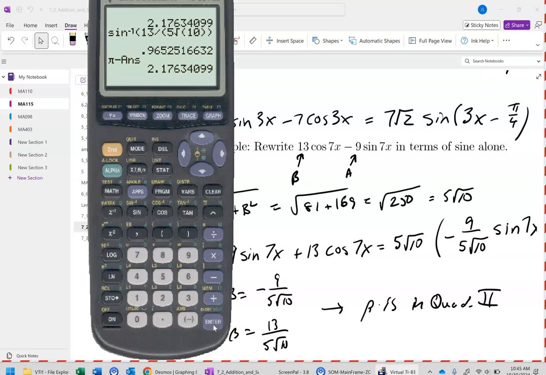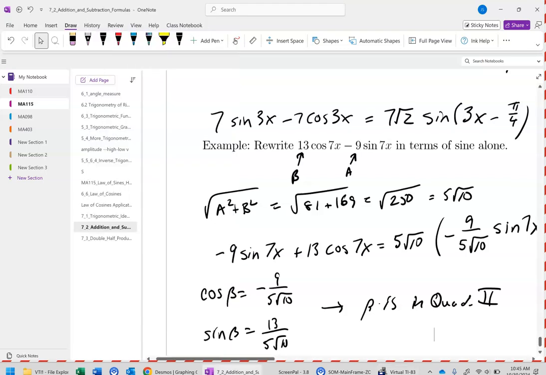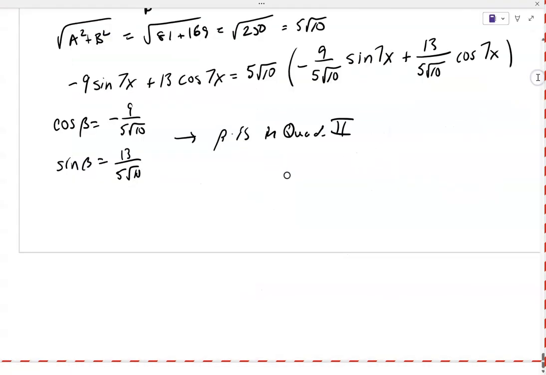Okay. So the angle we want is about 2.176. So if I go back to the original problem, we get negative 9 sine of 7x plus 13 cosine of 7x is, I should say approximately, but I'm going to write it this way, 5 root 10. And at this point, you can make a decimal for that too, if you wanted to.